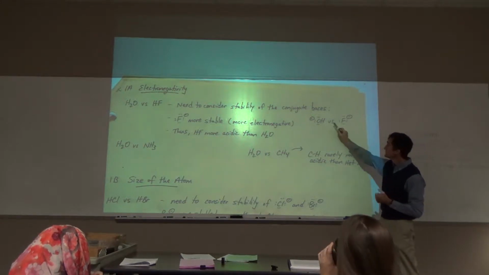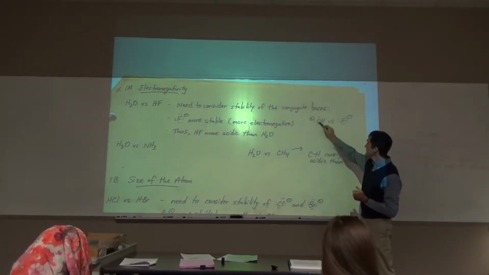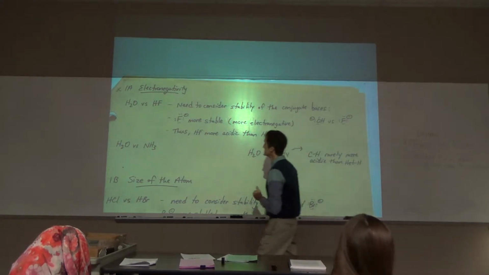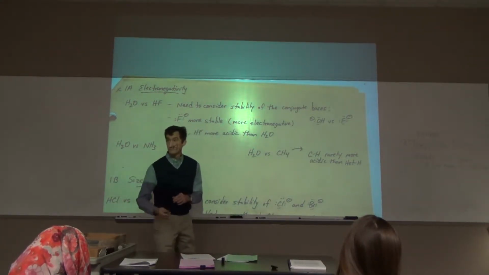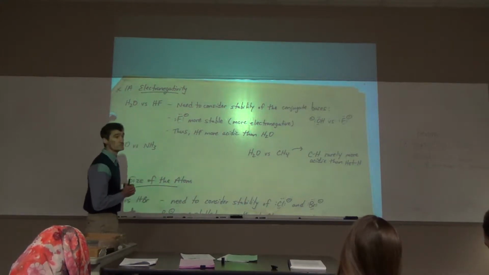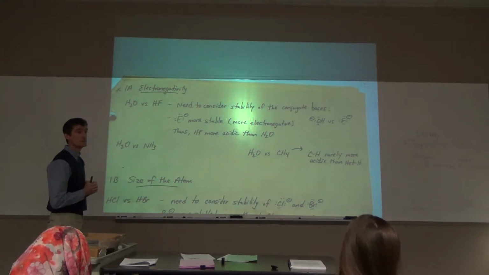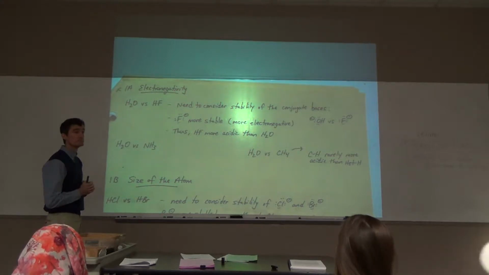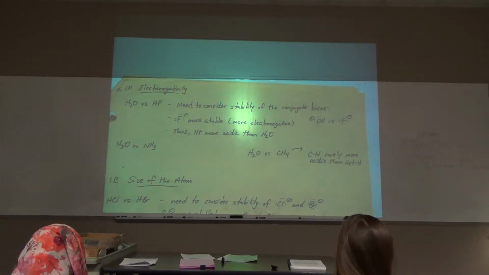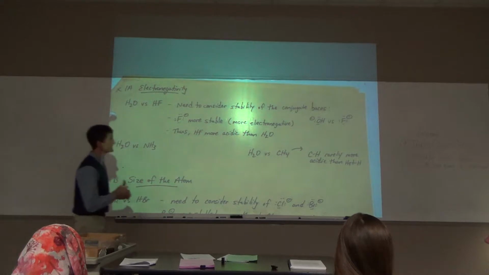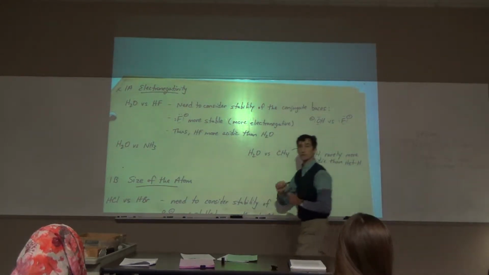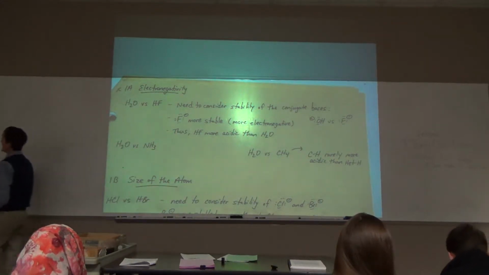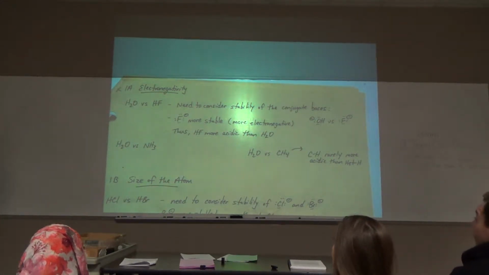What we really need to look at here is which is more stable. Well, F minus is more stable. Why? Because it's more electronegative. Everybody know electronegativity, periodic trends. F is more electronegative than oxygen. That means it likes being minus more.